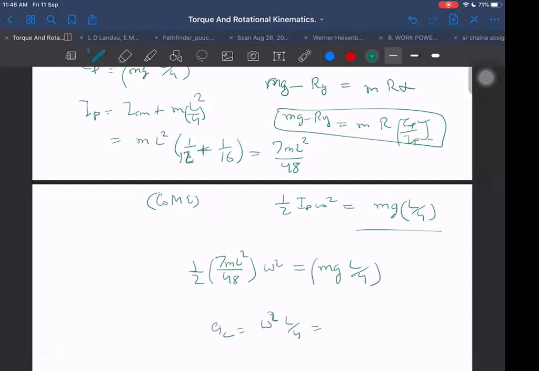Take all the other terms to the other side and just keep L by 4 on one side. I think I will be getting 6g by 7.